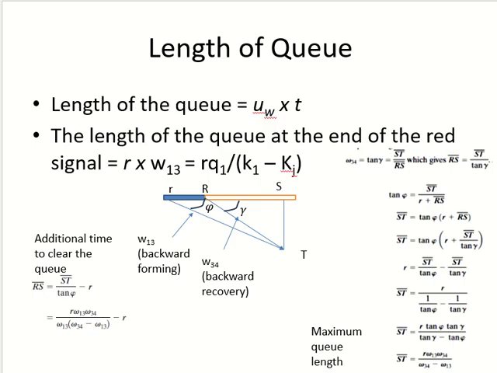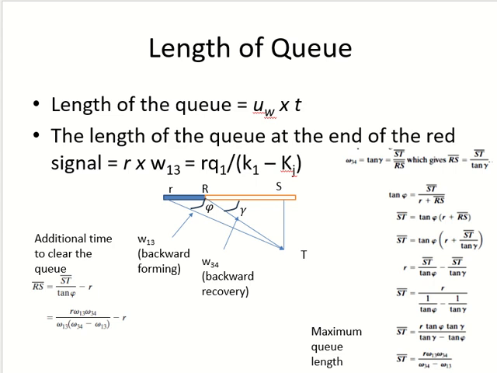These are the people who are joining, these are people going from the front, and when these two meet, no queue. The angles you see are the velocity of the shock wave. This one is backward forming and this one is backward recovery. Recovery means they are moving from the front.